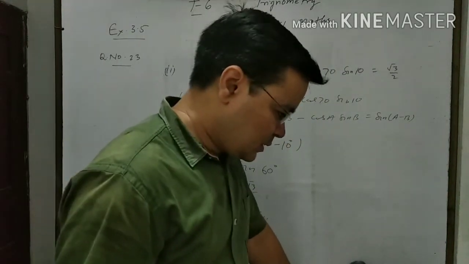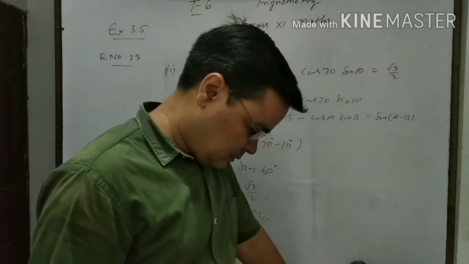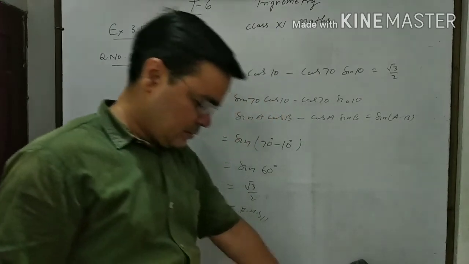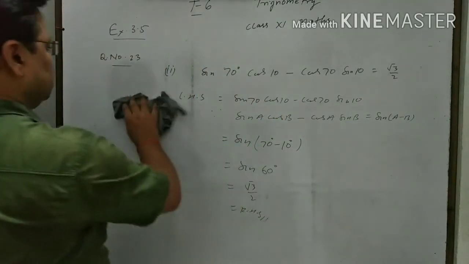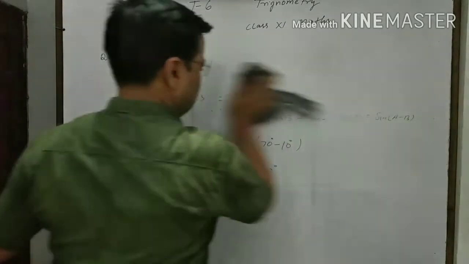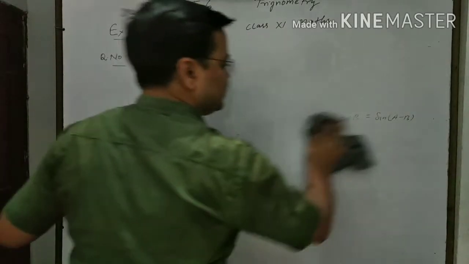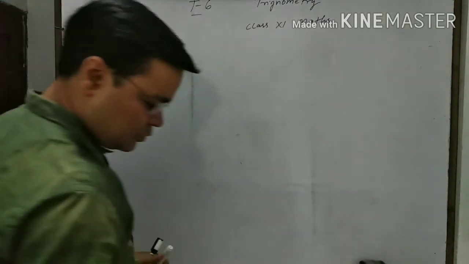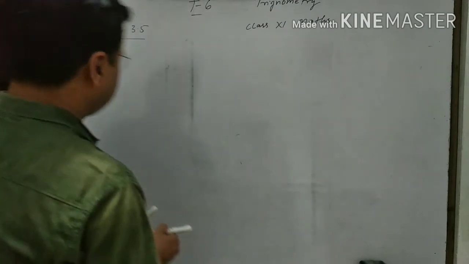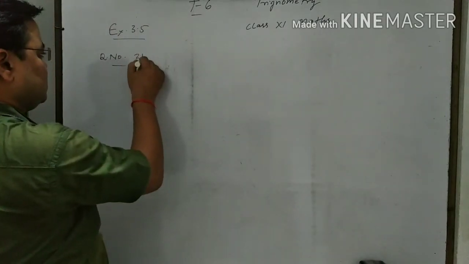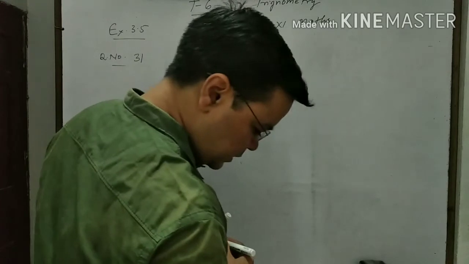How do we solve this? Let us start. Here, which question? Question number 31. What is this?